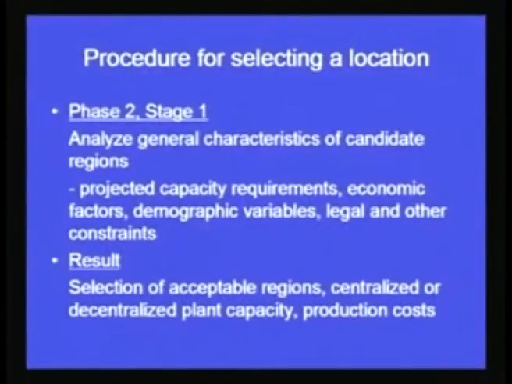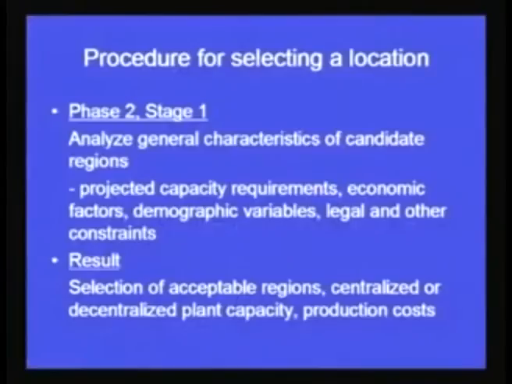Then we have seen the economic factors, the demographic variables, and the legal and other constraints. So when we have to make a selection, in stage 1 there are 2 phases, phase 1 and phase 2. After this, what would be the results that we have got? The results are the selection of acceptable regions. Within the candidate regions there would be some regions which would be acceptable to us on the basis of those factors which we have already considered.